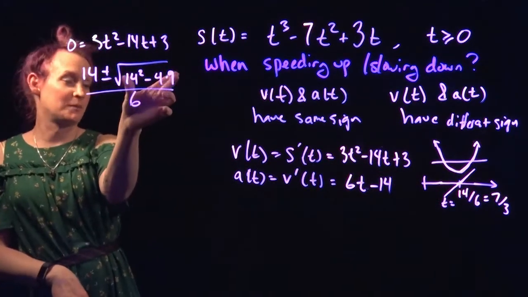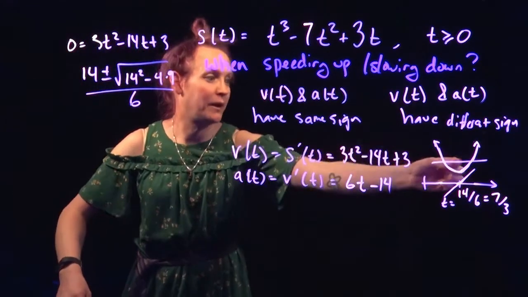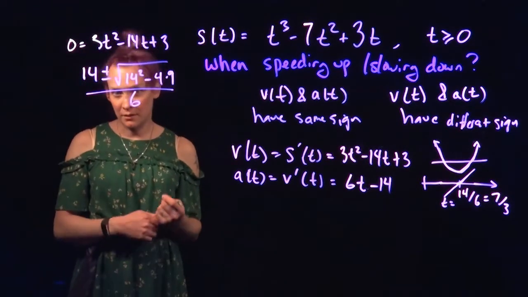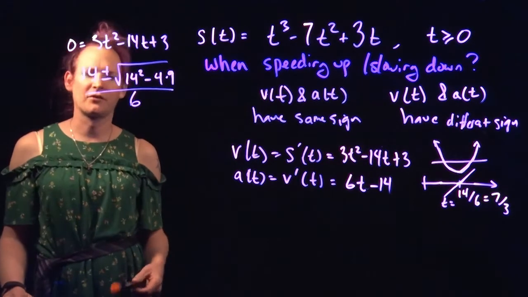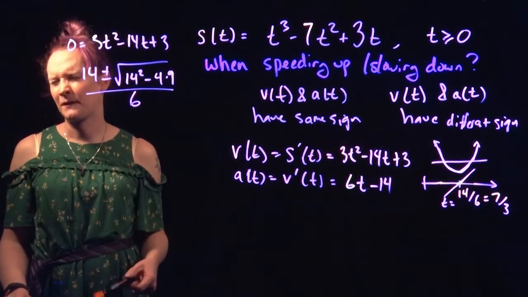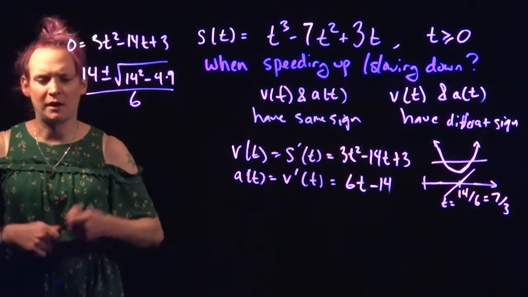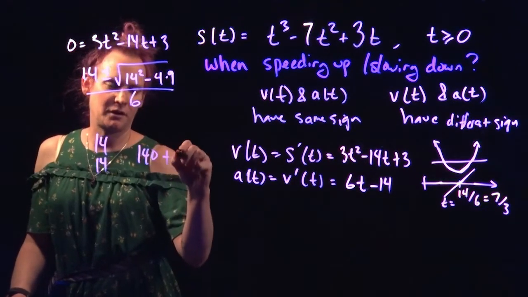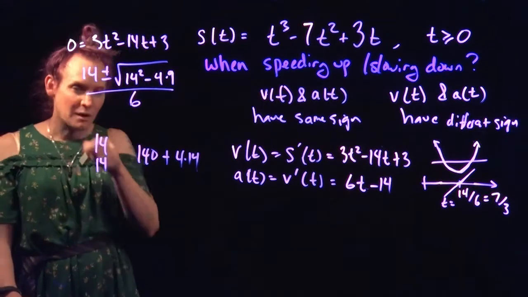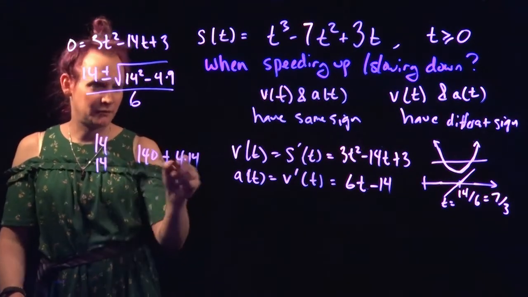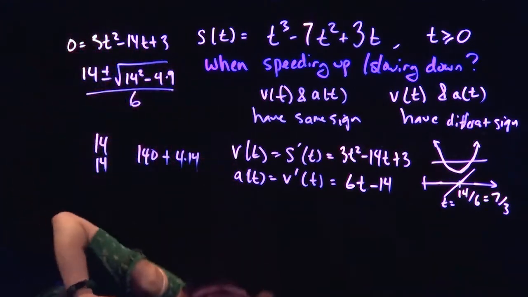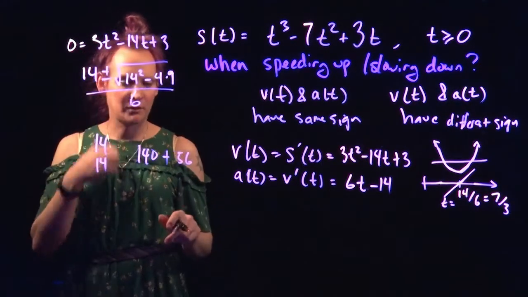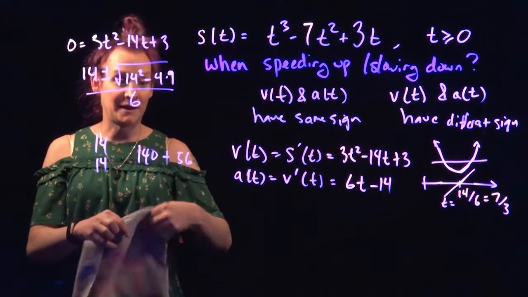So the discriminant is the distance away from the center point that those two roots are. 14 squared is, let's see here, do I know my numbers? 13 squared is 169. 15 squared is 225. 14 squared, 14 times 14 is 140 plus 4 times 14, because that's 10 times 14. 4 times 14 is 2 times 28, which is 56. Okay, so it's 196.